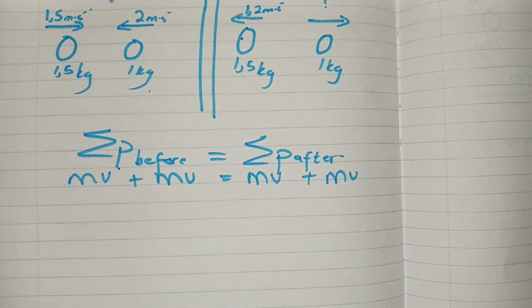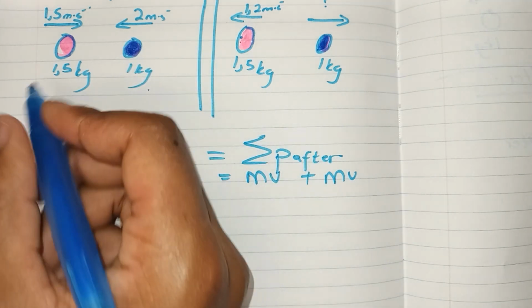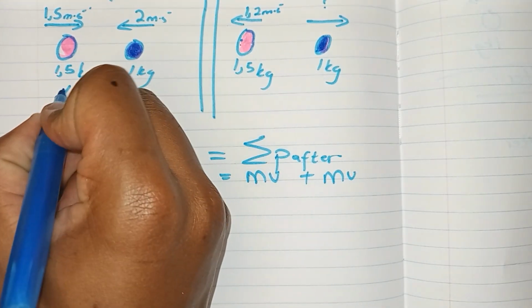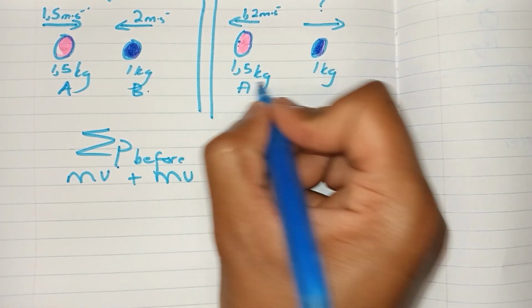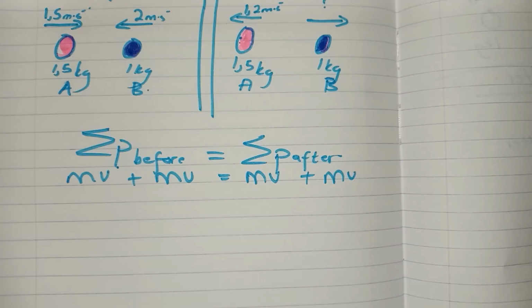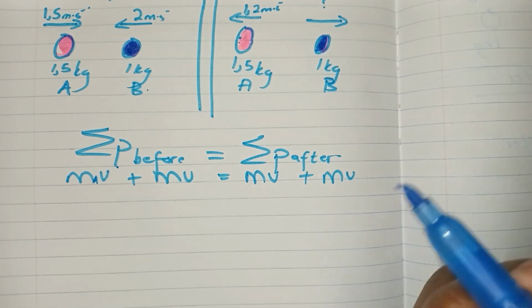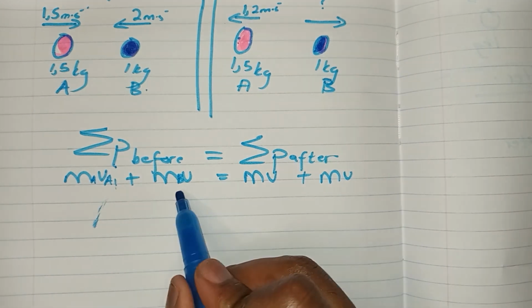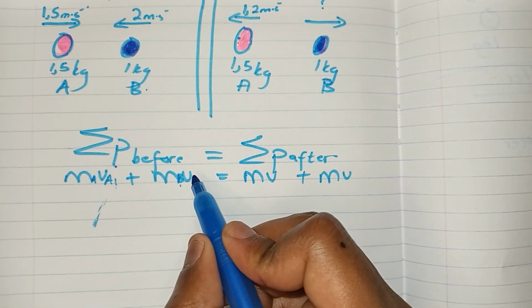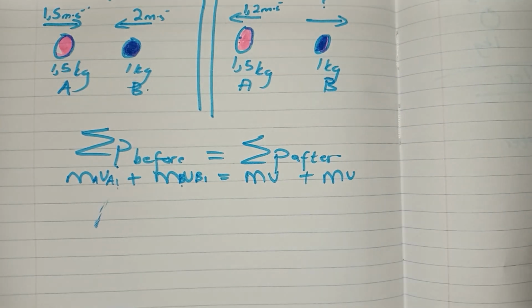I've decided to call the 1.5 kg ball A, and the other one B. So we have the mass of A and the velocity of A initial, then the mass of B and the velocity of B initial, before the collision.